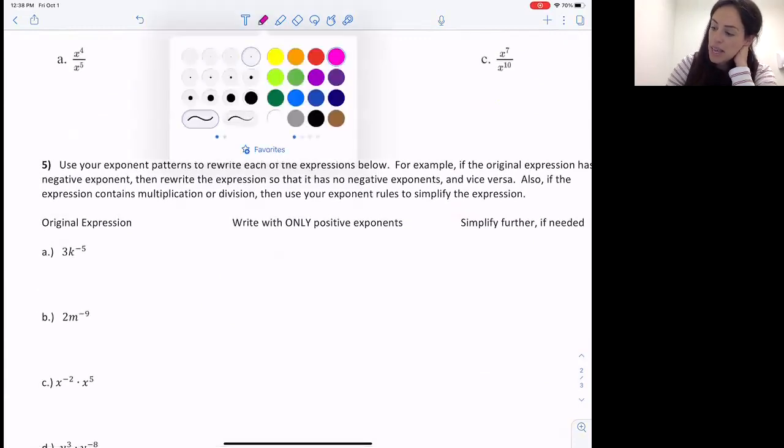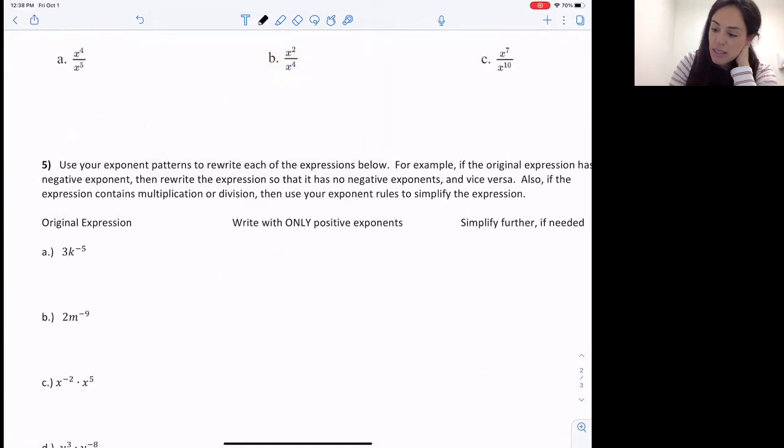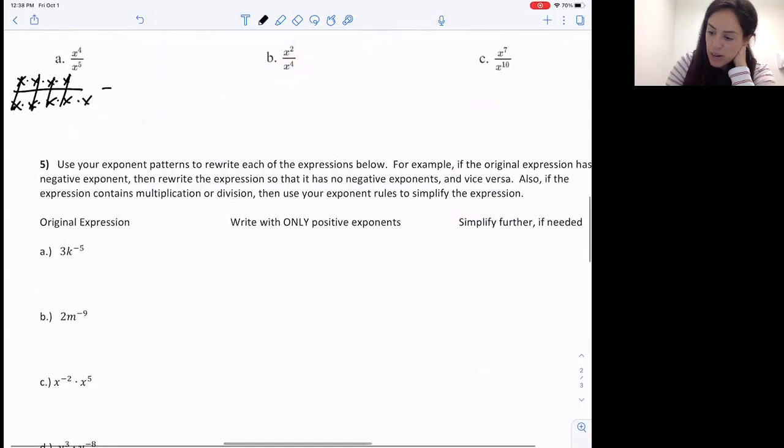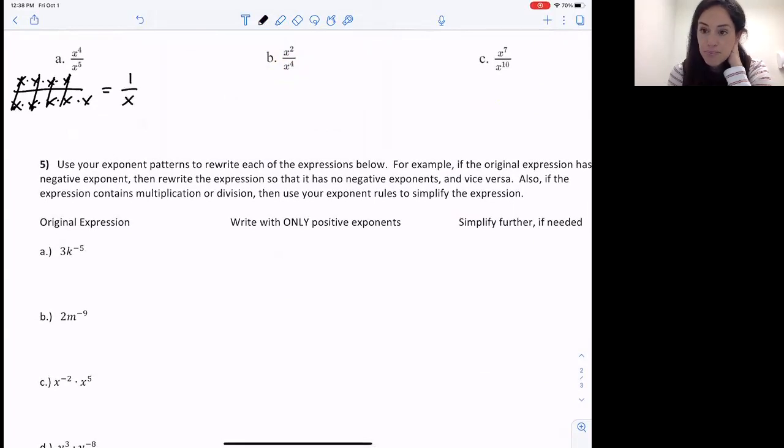Using my expanding and canceling, like we did up above, the 4 x's in the numerator are going to cancel with 4 of the x's in the denominator, and I'm going to be left with 1 over x.